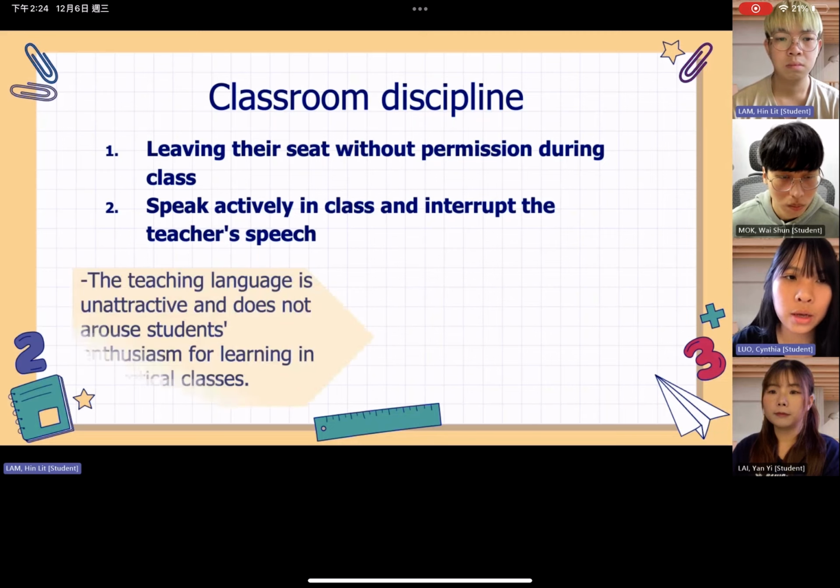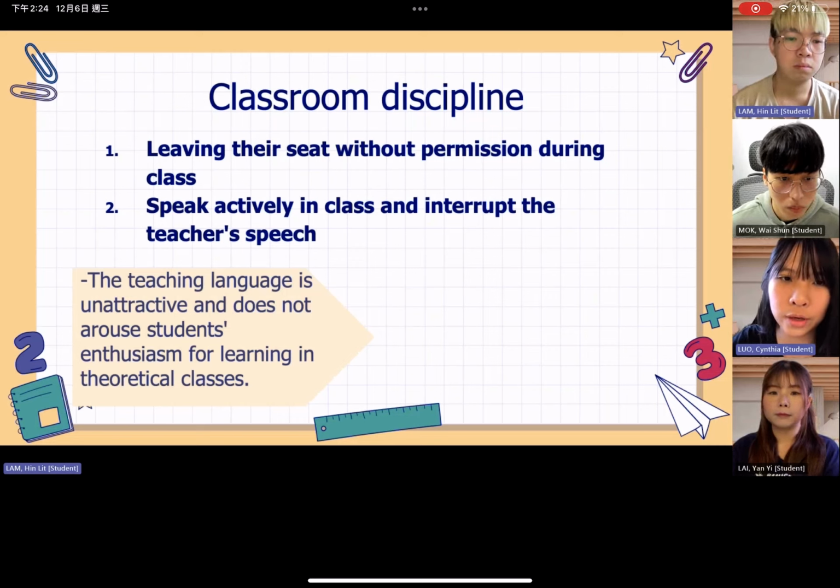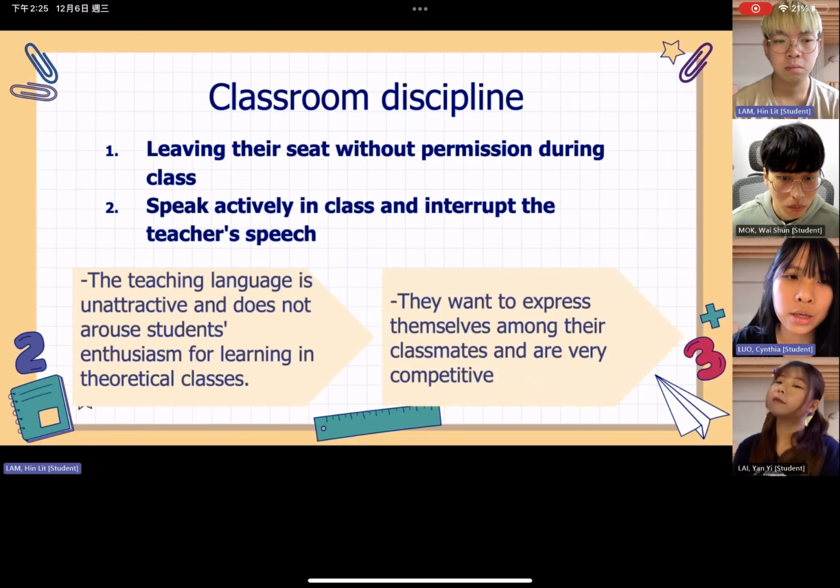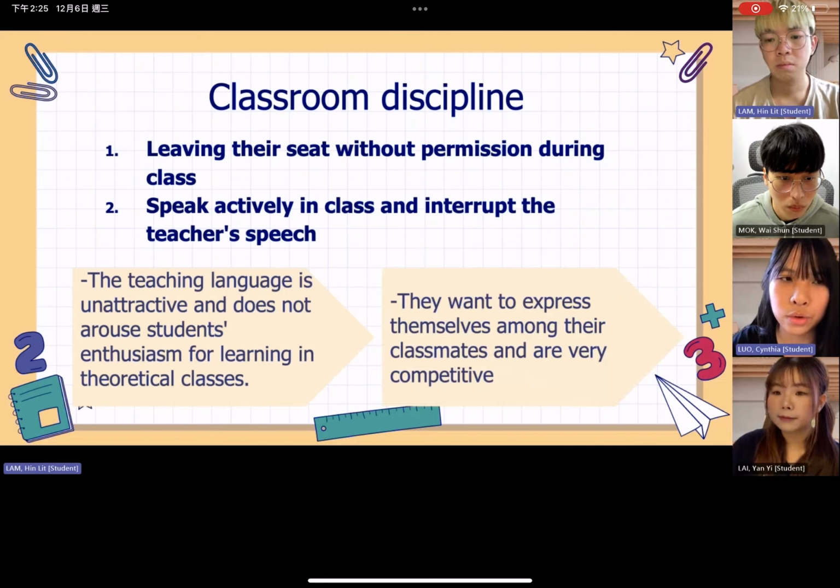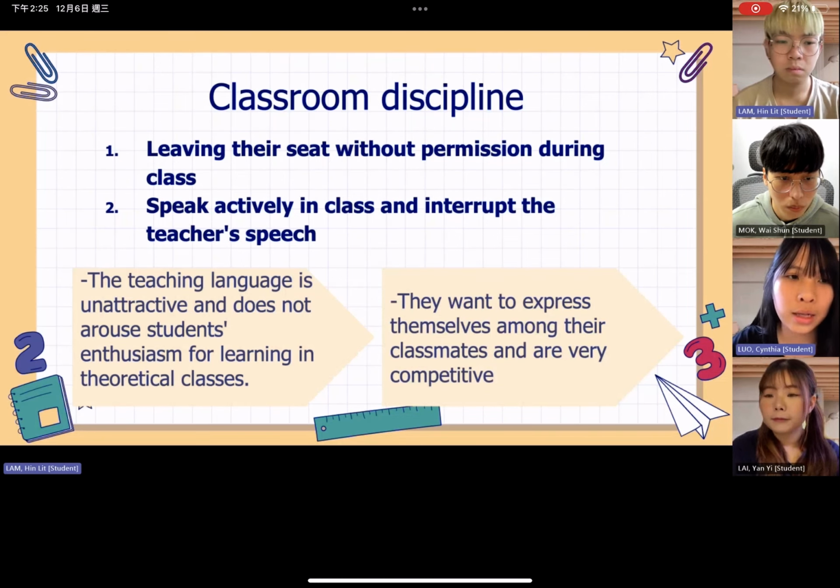The reason, we think, is that the teaching language is not attractive and does not call out students' enthusiasm for learning in theoretical classes. Another reason is that they want to express themselves among their classmates, and they are very competitive.